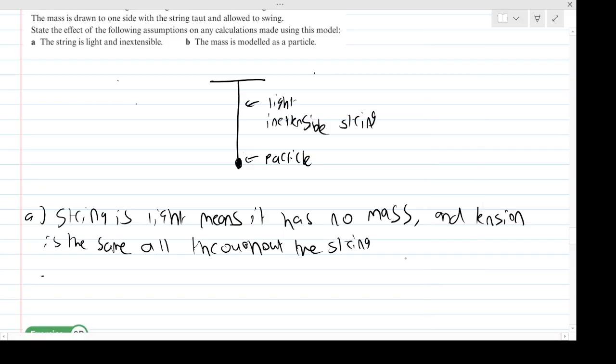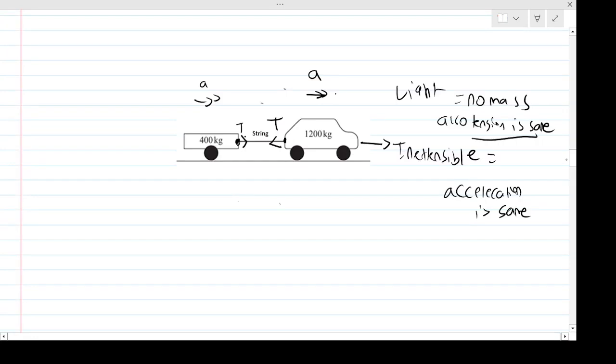And the inextensible part of the string, what it means, well, I talked about earlier how an inextensible string in an example is when two objects are connected by the same string, the accelerations are the same.